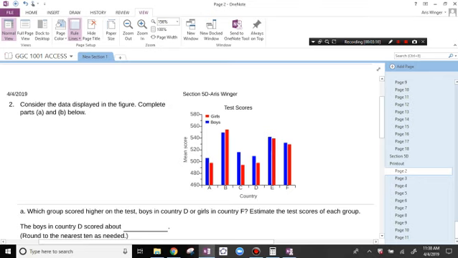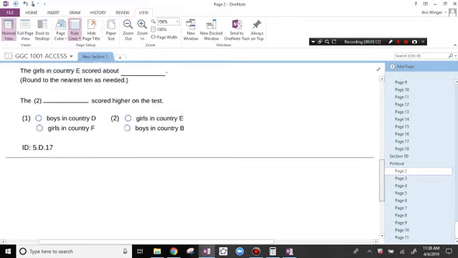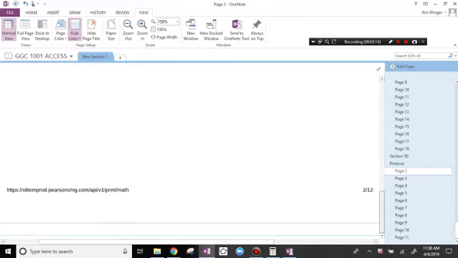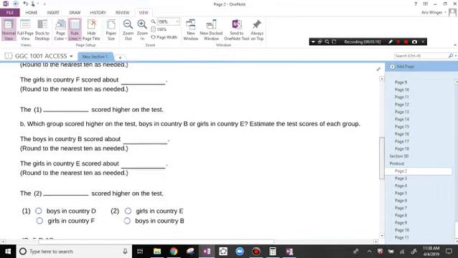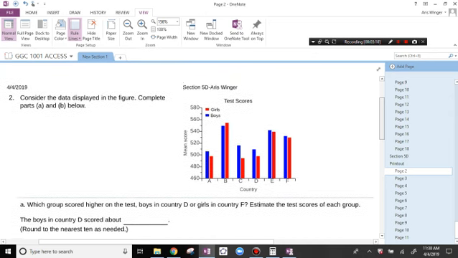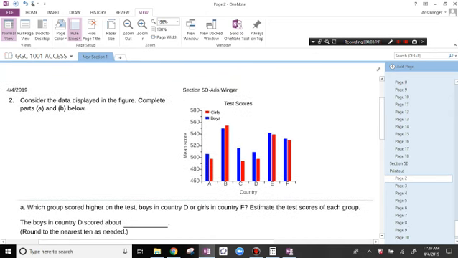All right, so boys in country D. Let's see, this is multiple choice. So boys in country D scored about, it looks like, 510, halfway between.